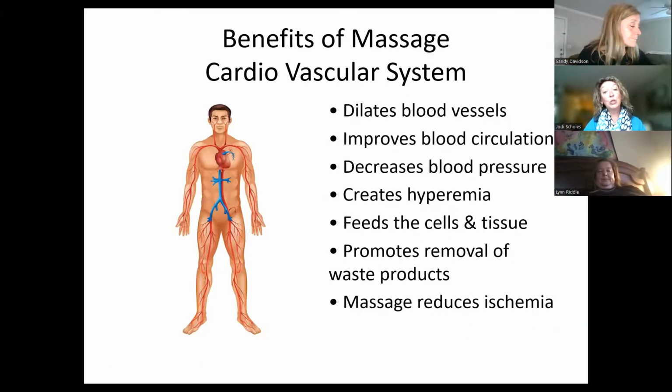So massage also reduces ischemia. Ischemia is a fancy word for an area of the tissue that doesn't have a lot of circulation. That can be caused by muscle tightness, but it also can be naturally inherent to that part of the body. For example, the heel, the Achilles tendon, not really a ton of blood flow in there.